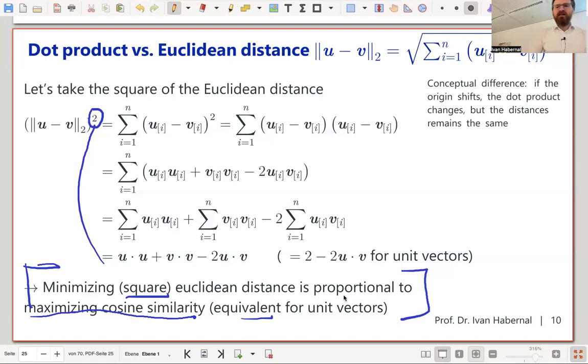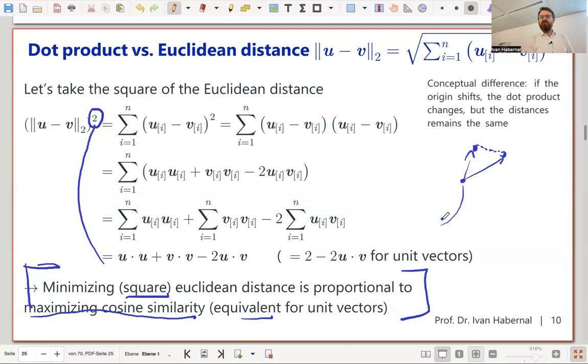Yeah, here's a tiny little detail which I forgot. Obviously there's a difference between dot product and Euclidean distance, because if you move the origin of your space, like you have two vectors here, and this is the origin, and this is a Euclidean distance.